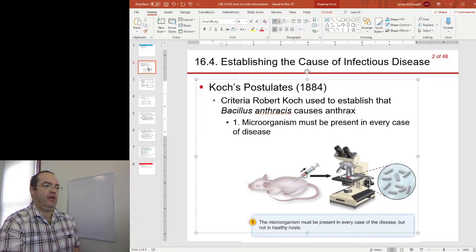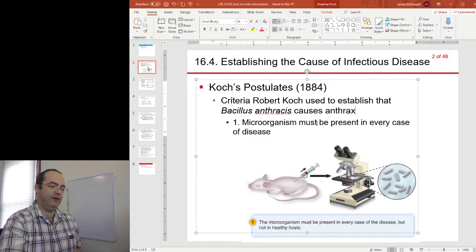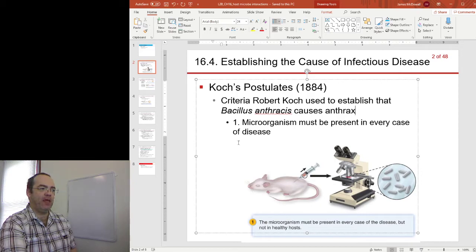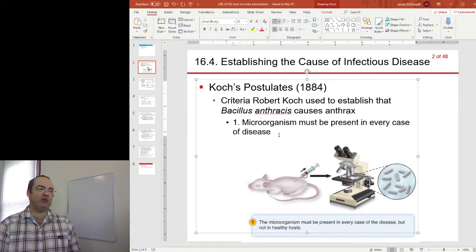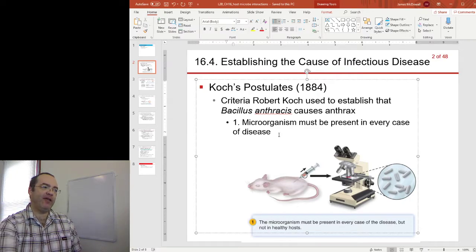So Robert Koch saw that he indeed infected mice with anthrax, and the mice died. His first postulate is that the microorganism must be present in every case of the disease and not present in healthy hosts.